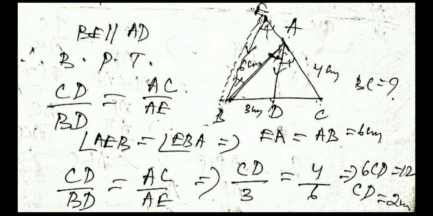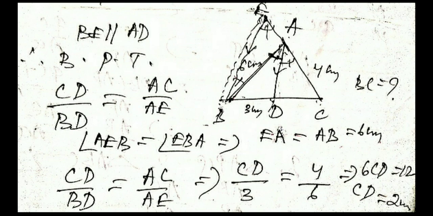Therefore, by basic proportionality theorem, you can say CA by AE is equal to CD by BD. Clear?